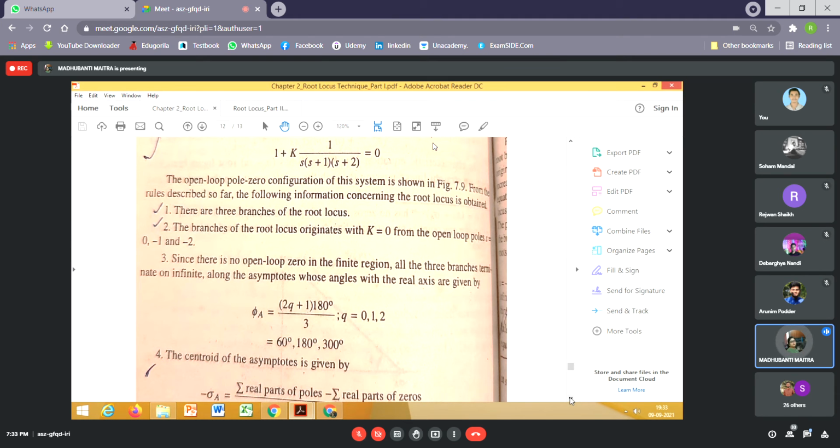So whenever n minus m is equal to 3, you will get three asymptotes having angles 60, 180 degree, and 300 degree. Similarly, if n minus m is equal to 4, then the first asymptotic angle will be 45 degree, and the other three asymptotic angles will be odd multiples of 45 degree. Got it?